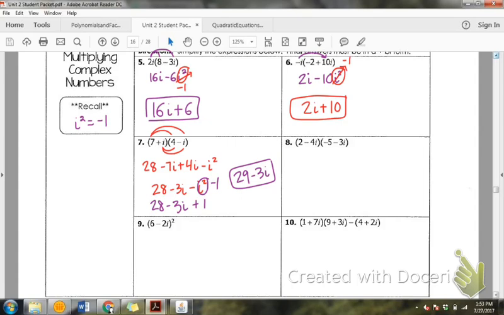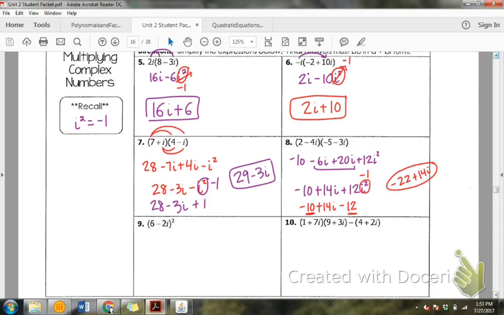Okay. Try number 8 on your own, all the way out, without talking. Go ahead and pause the video and try number 8. So I have negative 10 plus 14i minus 12. Negative 10 and negative 12 make negative 22 plus 14i.